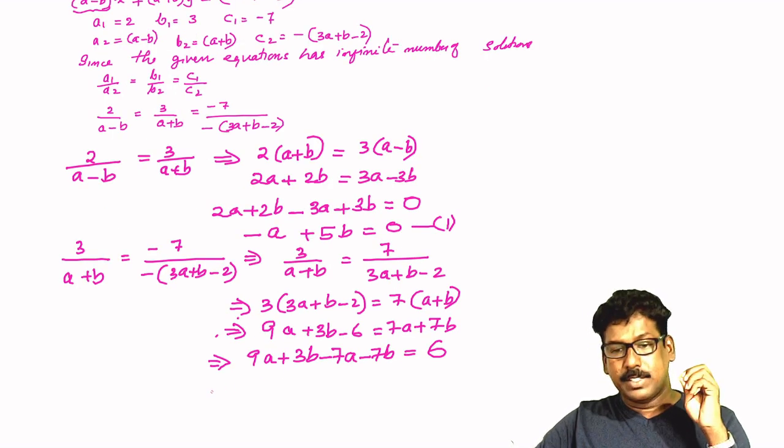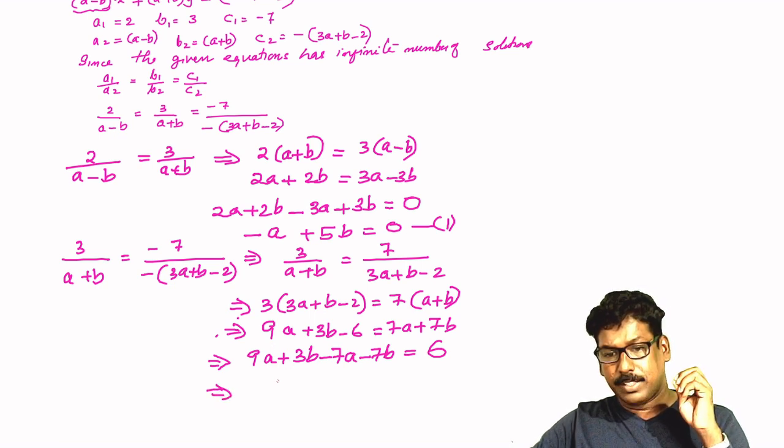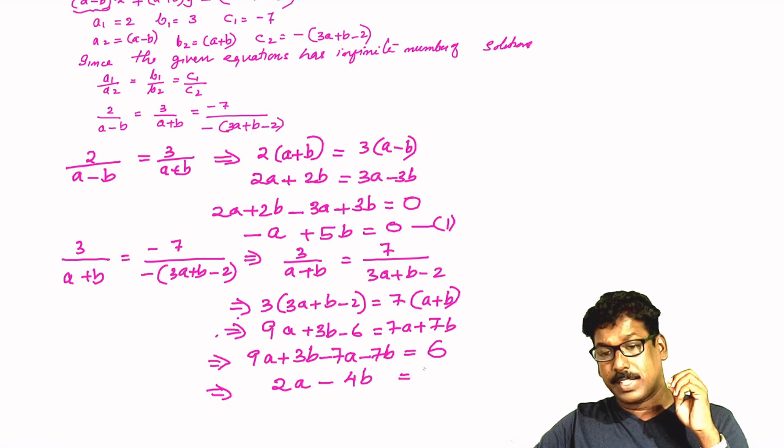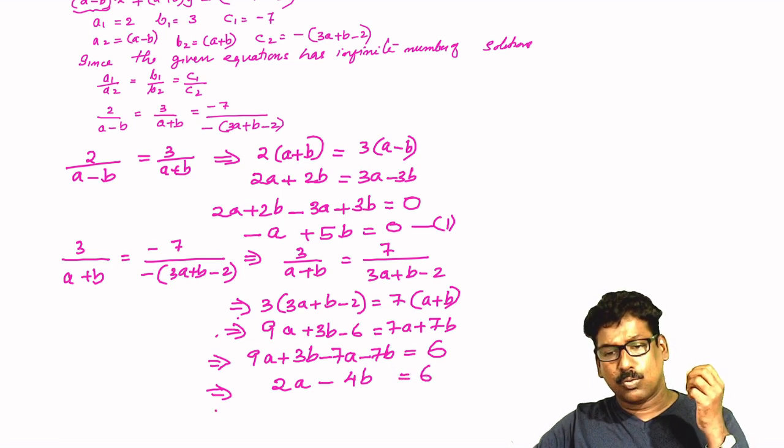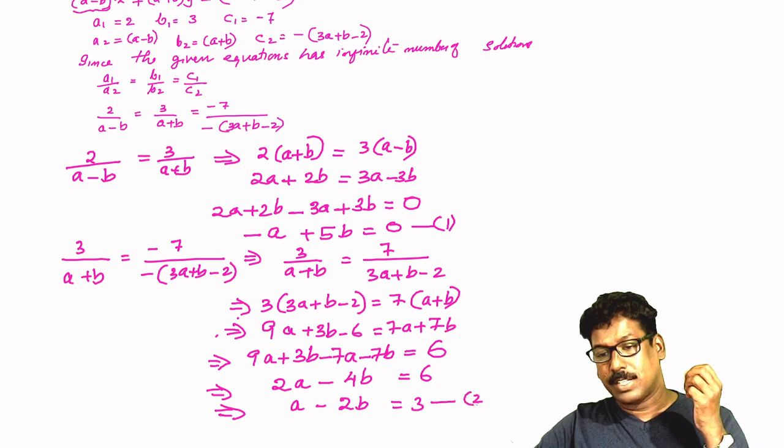Which implies 9a minus 7a, which is 2a, and 3b minus 7b, which is minus 4b, is equal to 6. All the terms you can divide by 2. What will you get? Which is a minus 2b is equal to 3. Let me take this as equation 2.